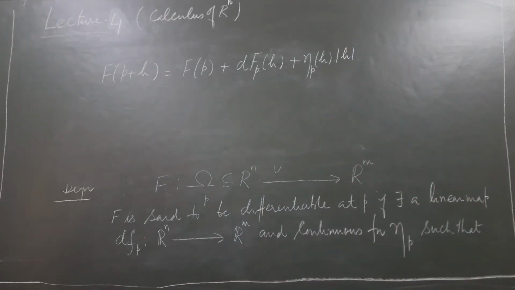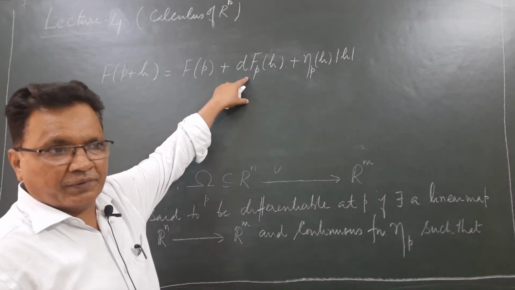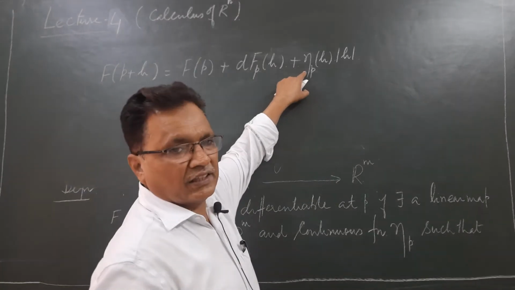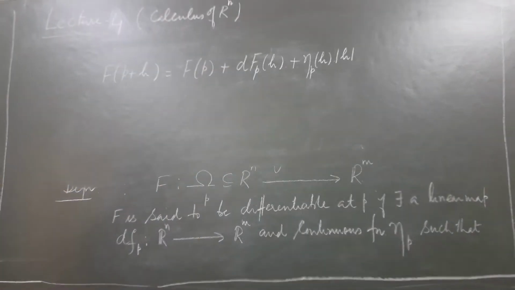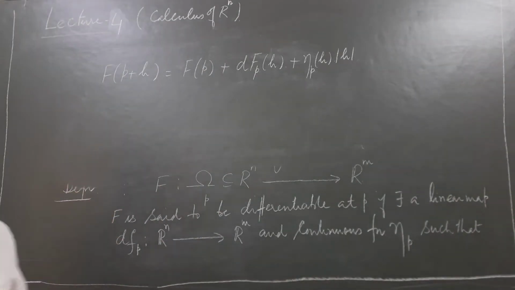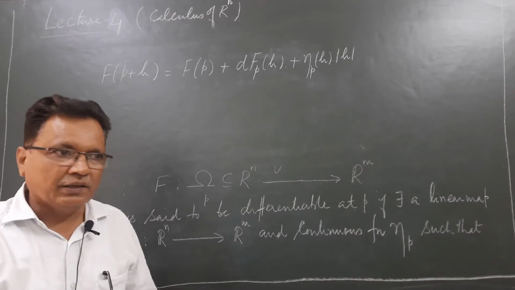So, if there exists a linear map dfp and there exists a continuous function eta p such that this equality holds, then the function f will be differentiable at the point p.